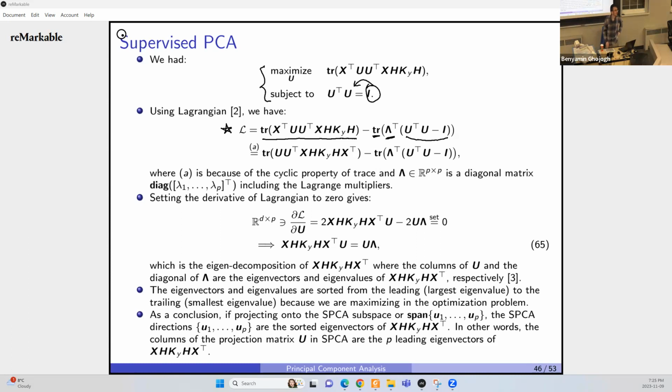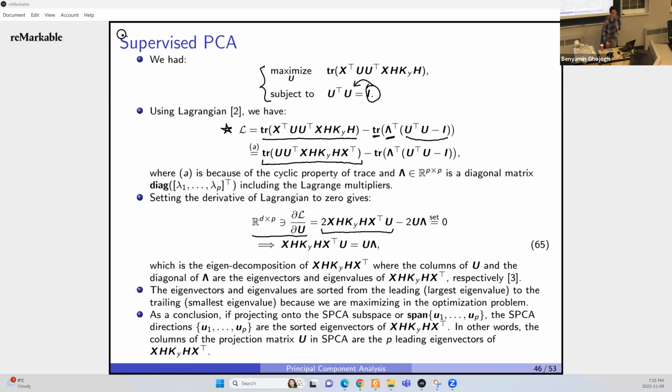What should I do? I take the derivative, set it to 0, right? High school optimization, first order optimality condition. Derivative of the Lagrangian with respect to U. U is d by p. As a result, this derivative is also a matrix. The derivative of this with respect to U, a quadratic function with respect to U, becomes this.